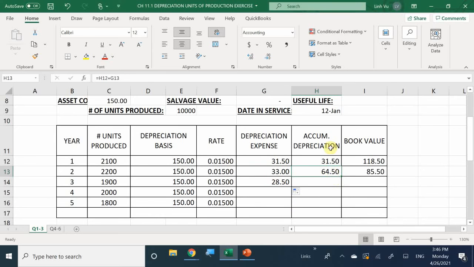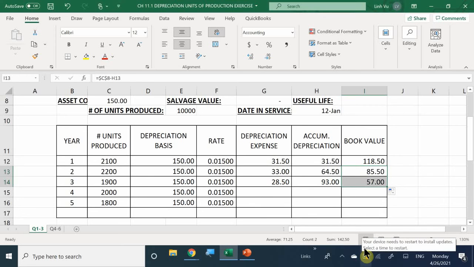Then the next portion is the accumulated depreciation for year 3: you're taking the $64.50 plus the $28.50, and you should get $93. Then what should be my book value? $57. It should be $57.